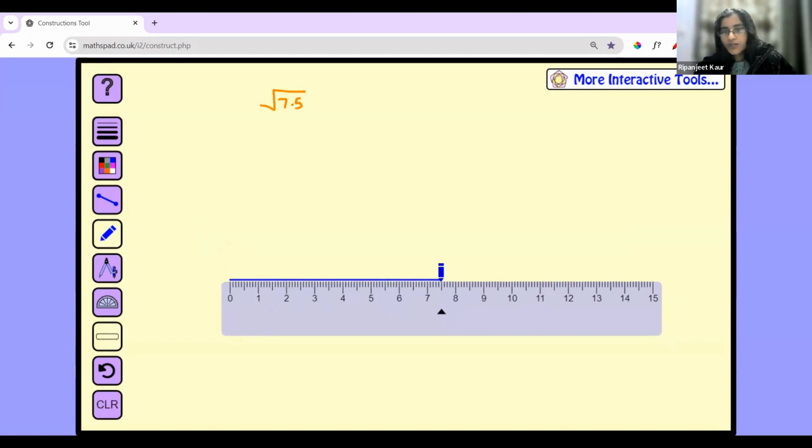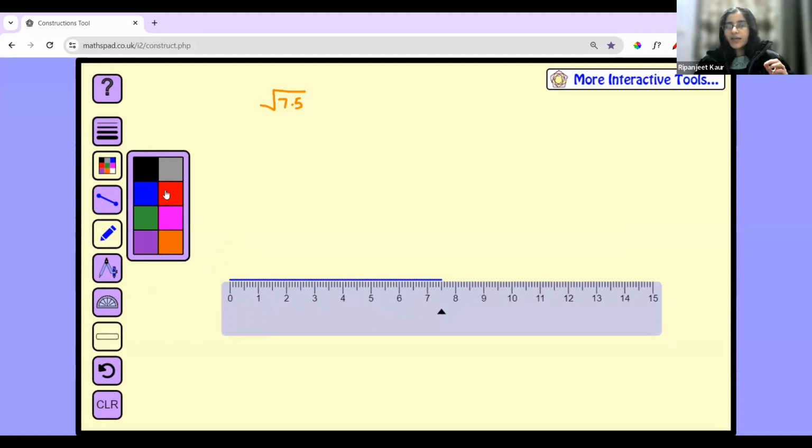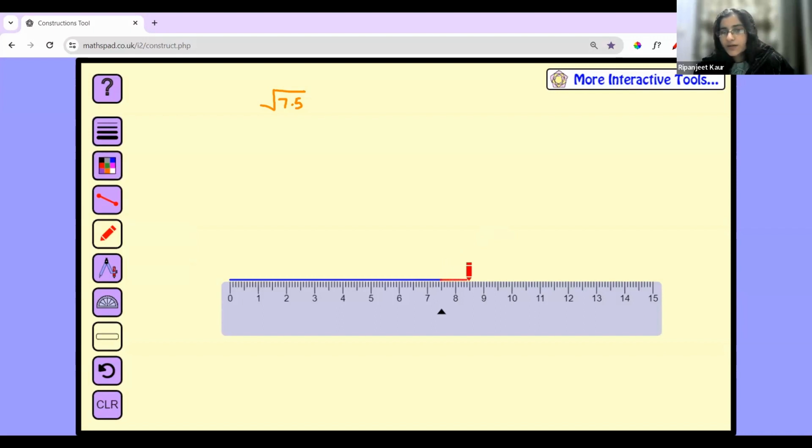Now what we do here again is draw a little more of this line, by 1 unit. I'll tell you why we are doing this. So here 8.5, and let me change the color.